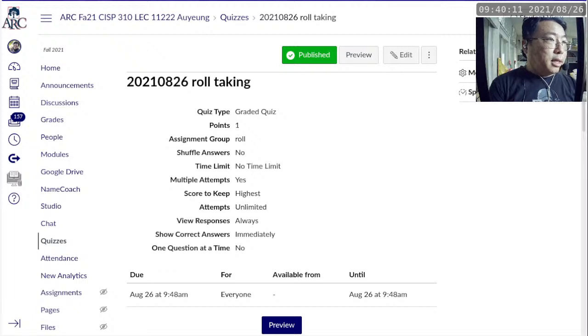And in my other window, I can actually take a look and see how many people have done it. Alright, so let me take a look at grades. Yep, that's how I take roll in my class.